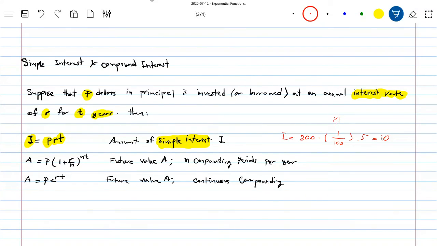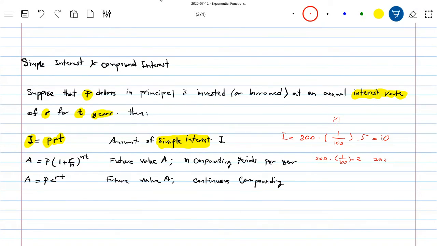That's the total amount. But there is another way. What if I calculate the interest this way: first year I have 200, I'll put it in the bank. After 1 year, how much do I have? 200 times 1 over 100, this would be $2. Now this $2 will add to the amount that I already have in the bank. It will be $202.